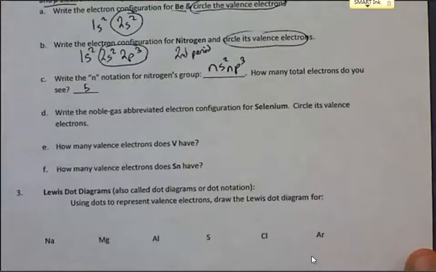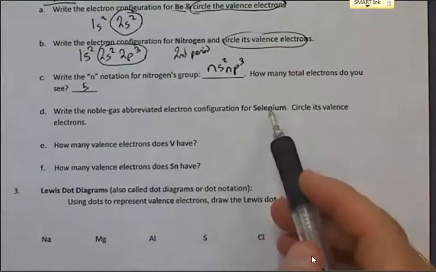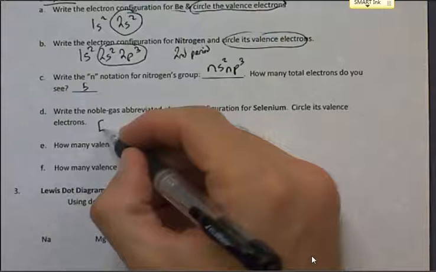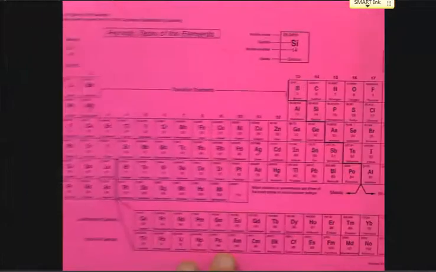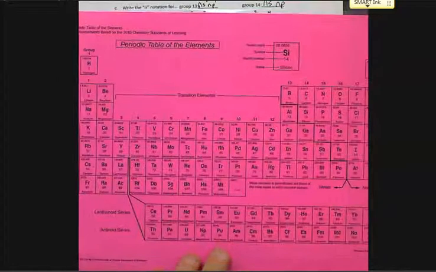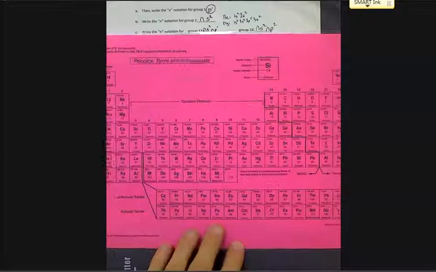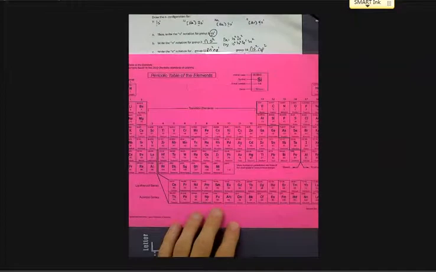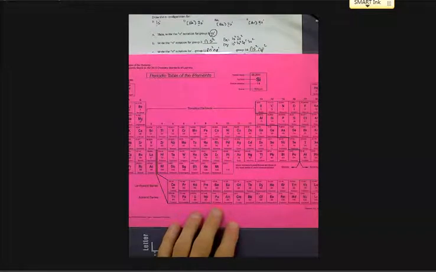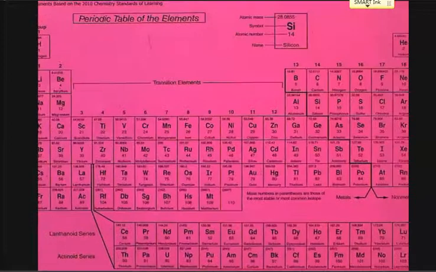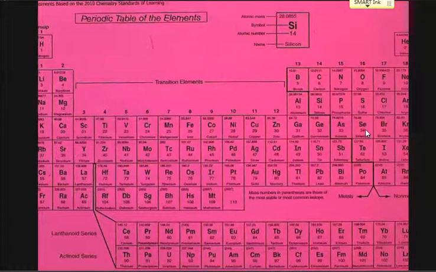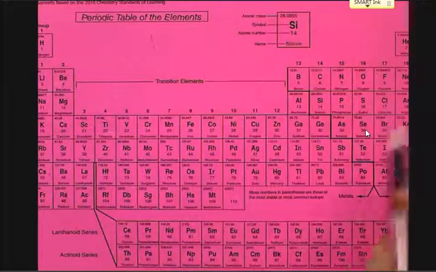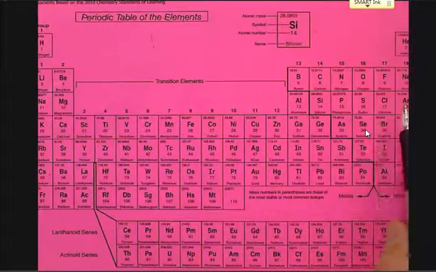Write the noble gas abbreviation for selenium. Selenium, being right here, we're going to zoom out so we can see the whole P block. So if we take a look here at selenium, the noble gas that comes right before it is argon.